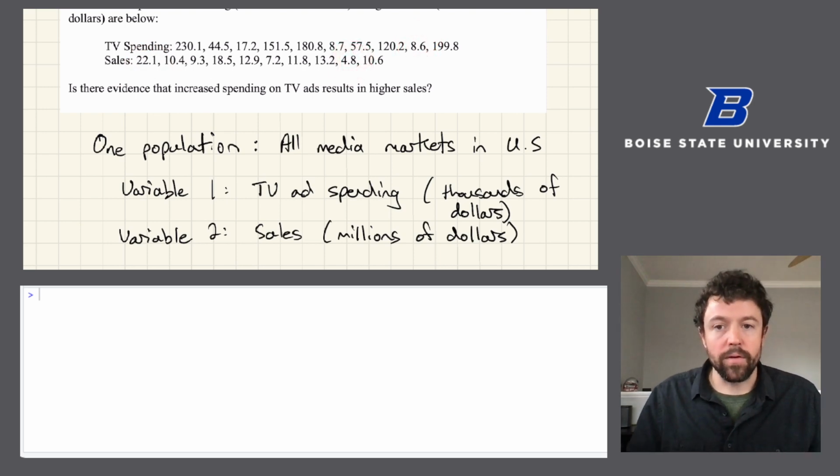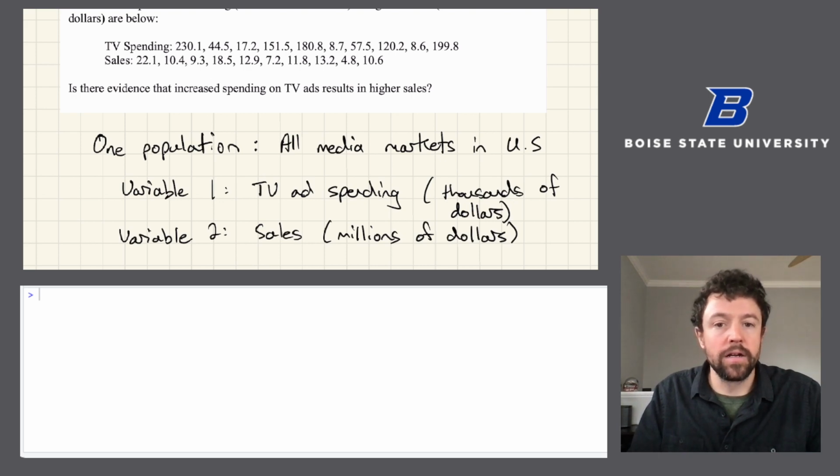It's really important when we're dealing with this situation of one population and multiple variables that our variables are paired appropriately. That is, the order the values for each variable are written, the order they're entered into R, is the same order for both.